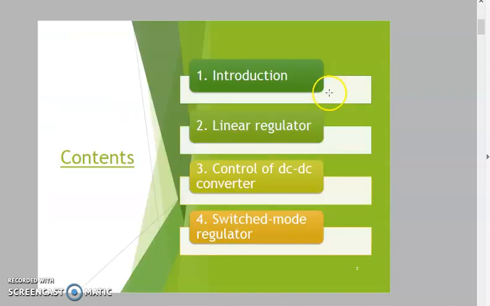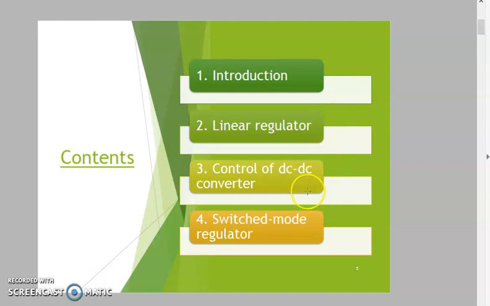Throughout the slides and the topics of this DC-DC converter, we shall go through the introduction of the DC converter, and the introduction of the linear regulator, the regulator that is used primarily to regulate DC into DC, a certain level into a certain level.